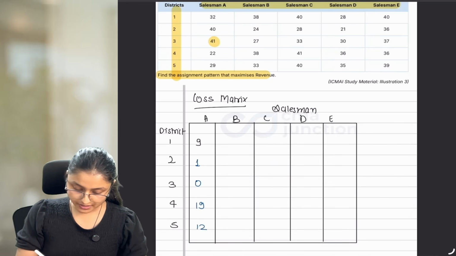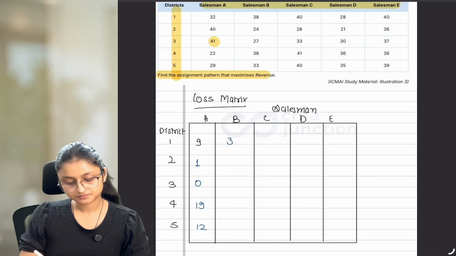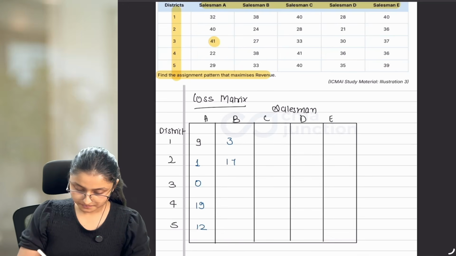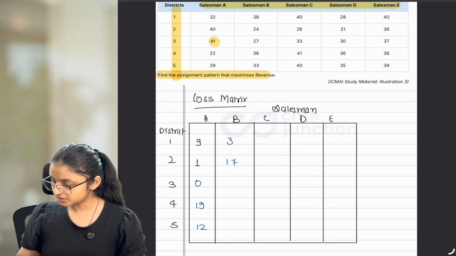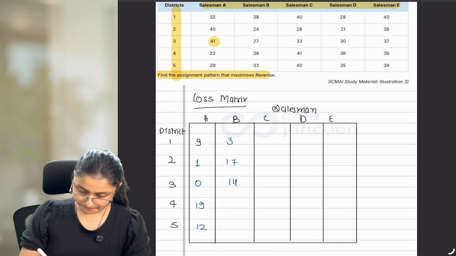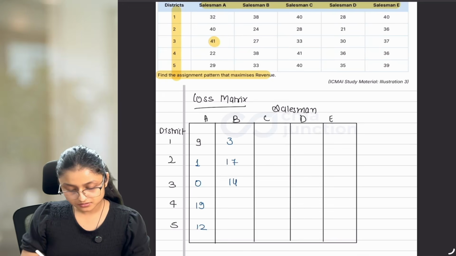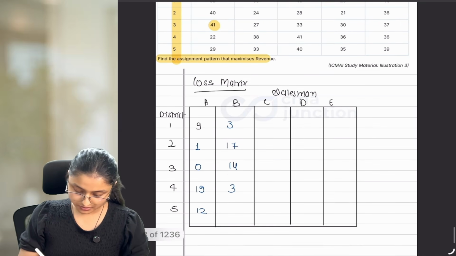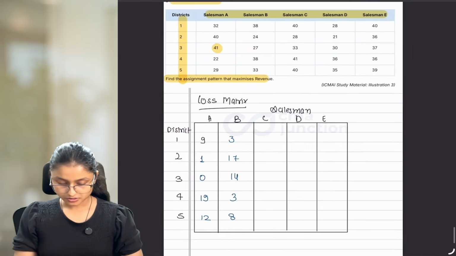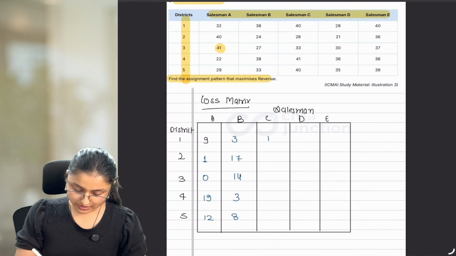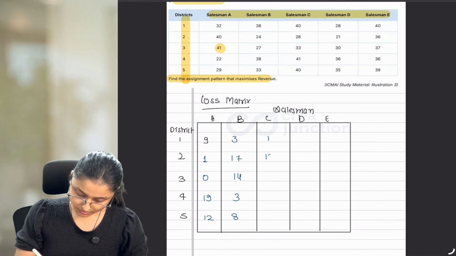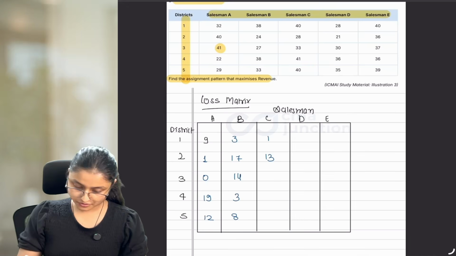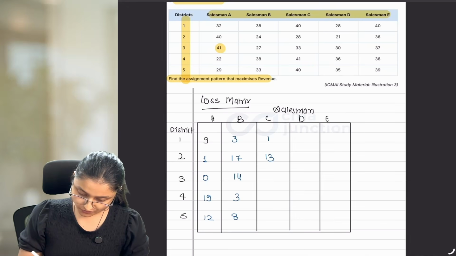Next, 38 minus 41 is 3. 24 minus 41 is 17. 27 minus 41 is 14. 38 minus 41 is 3. 33 minus 41 is 8. Next, 40 minus 41 is 1. 28 minus 41 is 13. Next, 33 minus 41 is 8.